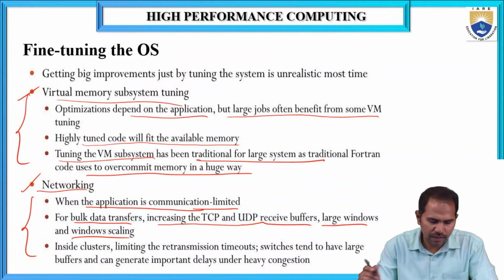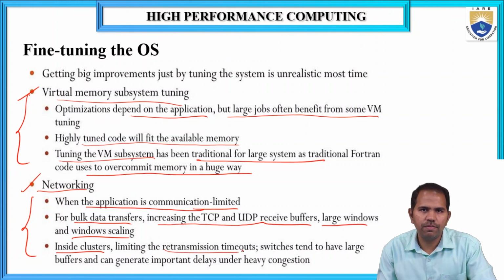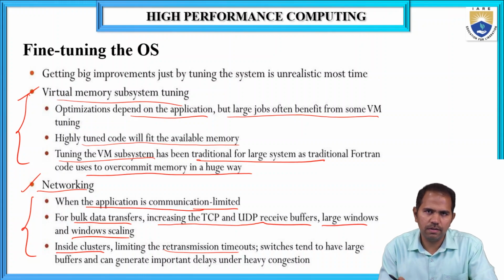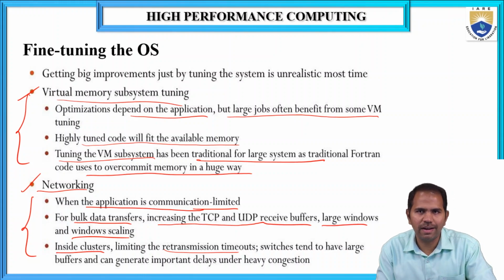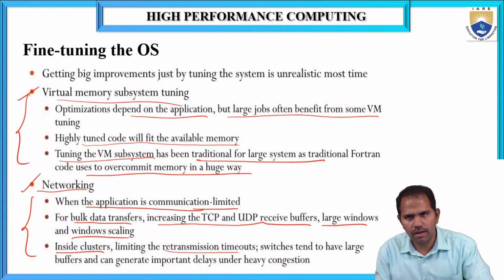The next thing is inside clusters. Inside clusters, limit the retransmission timeouts. Once a particular piece of data fails, it has to be retransmitted, and that has a timeout. So limit the retransmission timeouts.